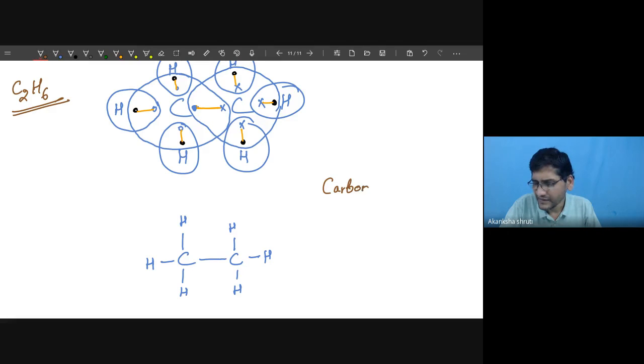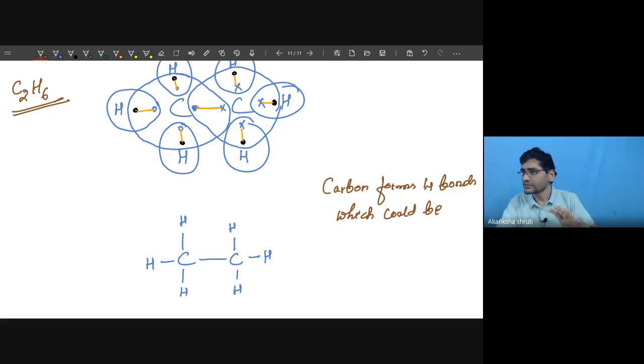Carbon forms 4 bonds, which could be either between carbons, or some of which form bonds between the carbon and other atoms.